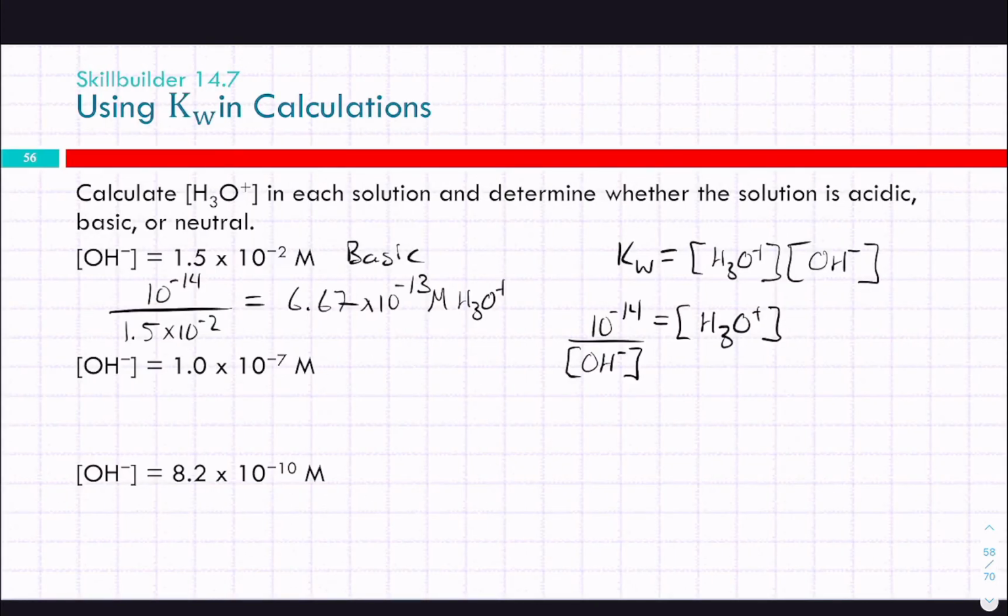Okay, so for this next one, we can do exactly the same thing. 10 raised to the negative 14 divided by 1.0 times 10 to the negative 7. I can do that one in my head. It'll be 1 times 10 to the negative 7.